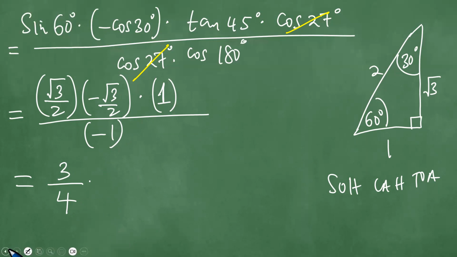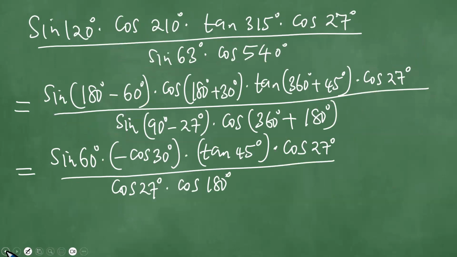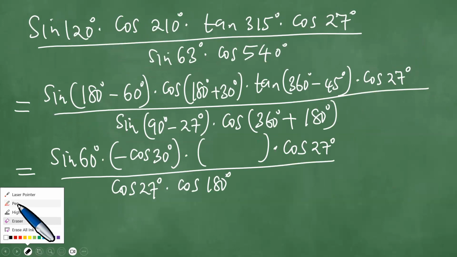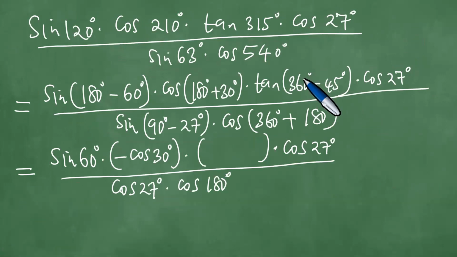Let's see now. Okay, this one is minus. Watch out, this one is minus, because 315 is 360 minus 45. So 360 minus 45 is in which quadrant? Okay, it's in the fourth quadrant, and therefore it's minus tangent of 45 degrees.